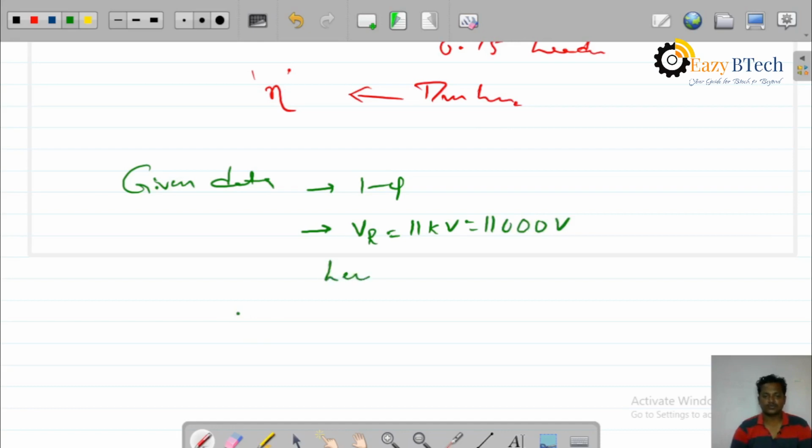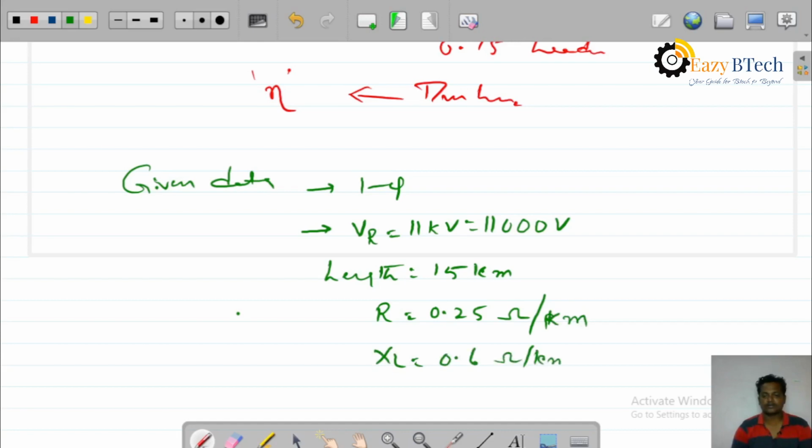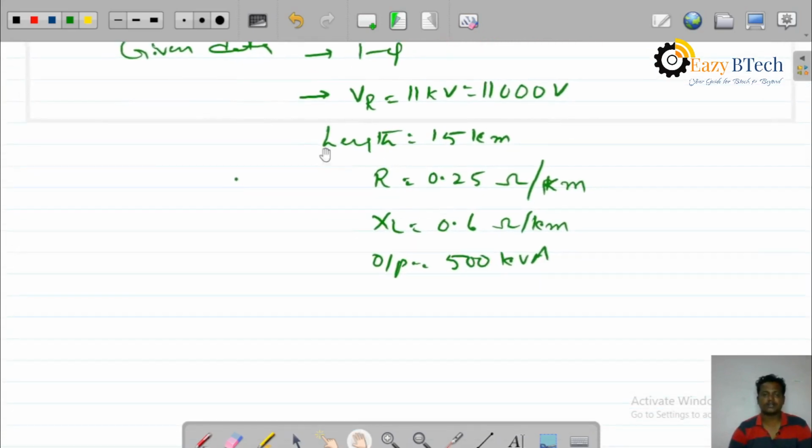Length equals 15 kilometers, resistance of the line is 0.25 ohm per kilometer, and XL equals 0.6 ohm per kilometer, and the given output power is 500 kVA, and we have to calculate the regulation.